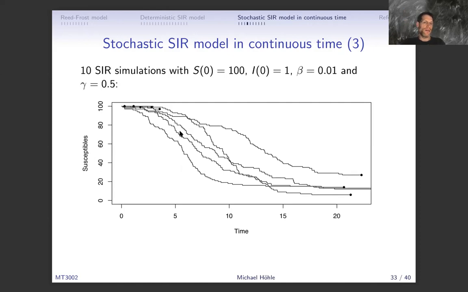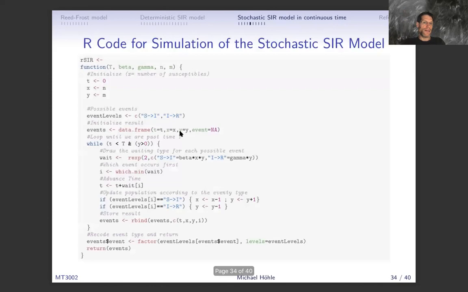So how do we simulate something like that? Well, we can look at such a model, like we can describe it here now. We say, okay, what's the maximum time we want to go to? Beta and gamma are the parameters we know. Initial number of susceptible, initial number of infectious. Then we say x and y initially are equal to n and m.